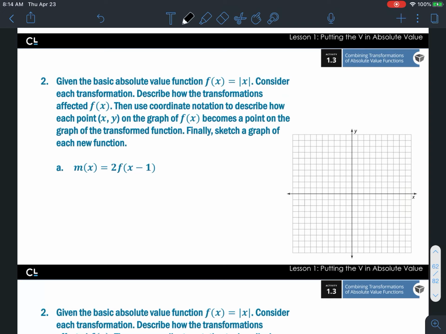We know a is equal to 2, because that's what this part is right here, and it affects y values. C is equal to 1, because that's what's right here, and it affects x values.